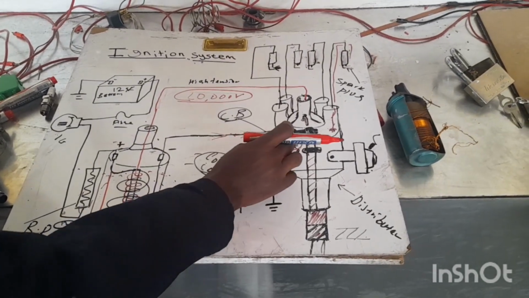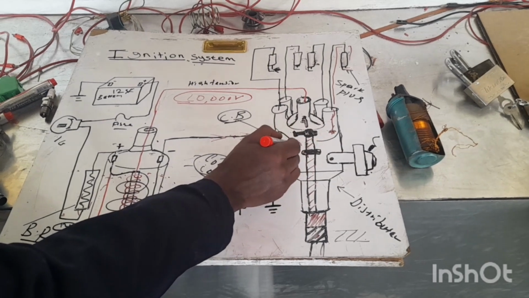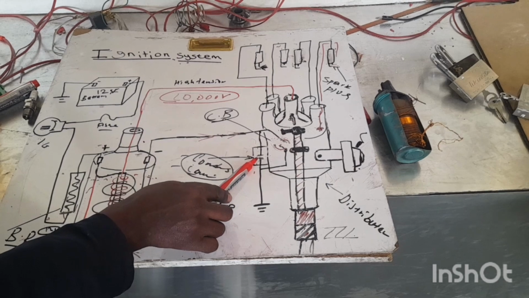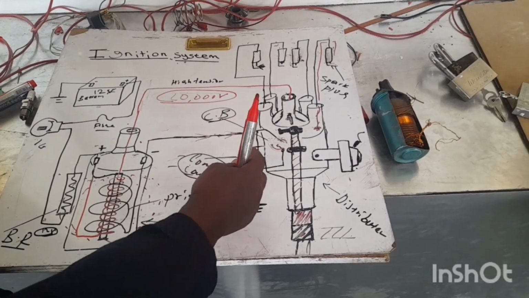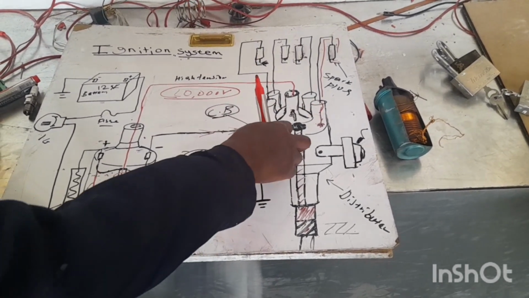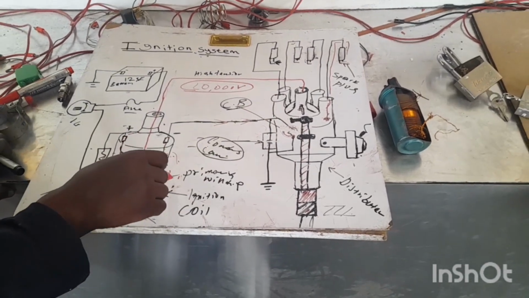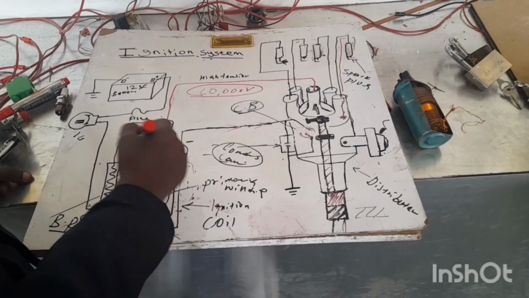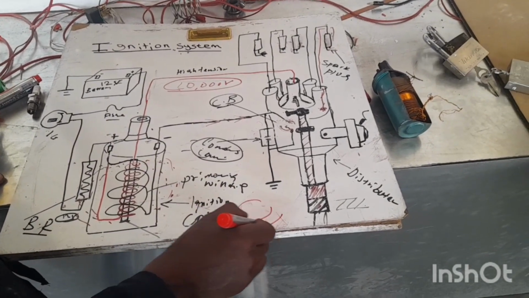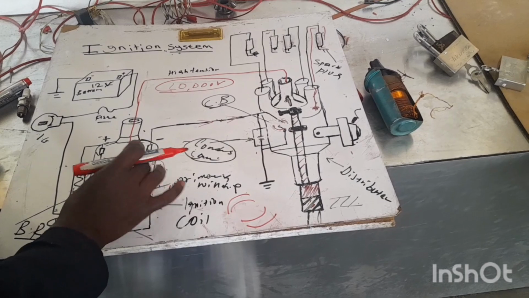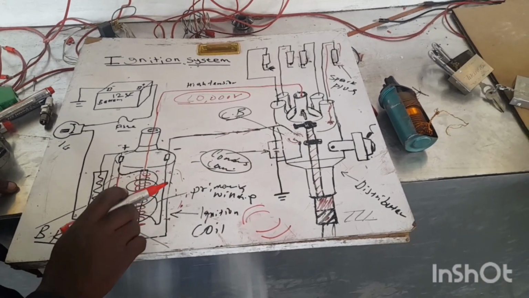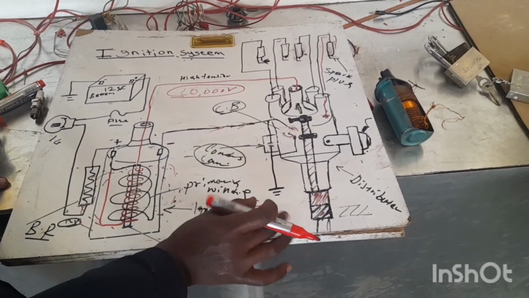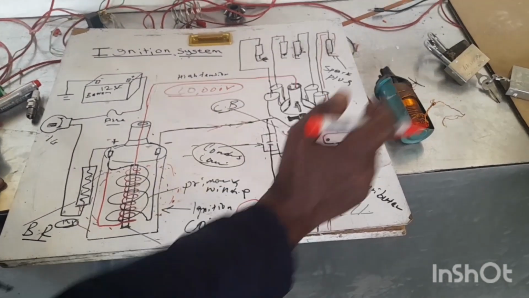But when the contact breaker point opens this circuit, the current passes through to the condenser. Simultaneously, the magnetic field created by the primary winding collapses dramatically.